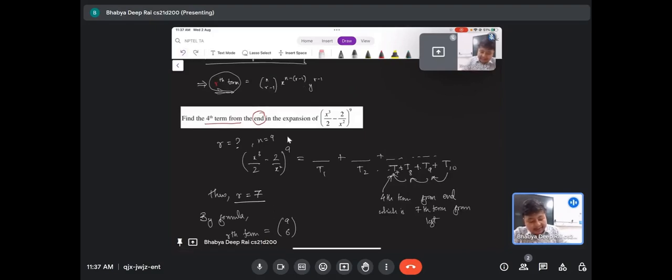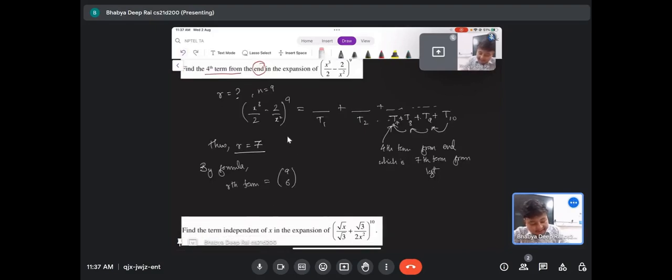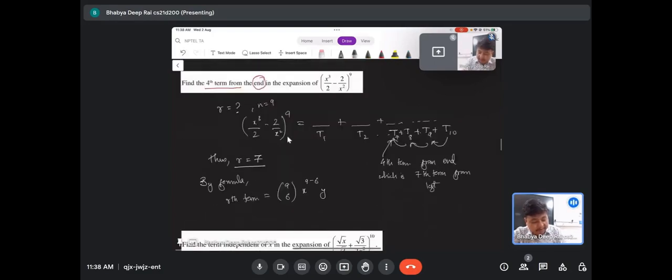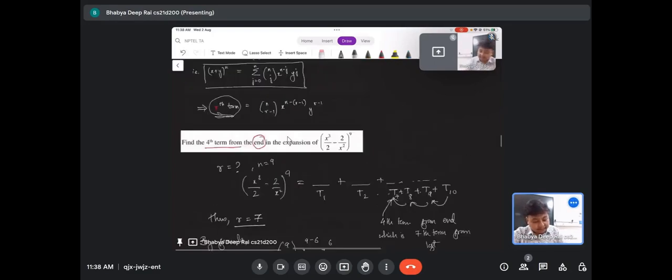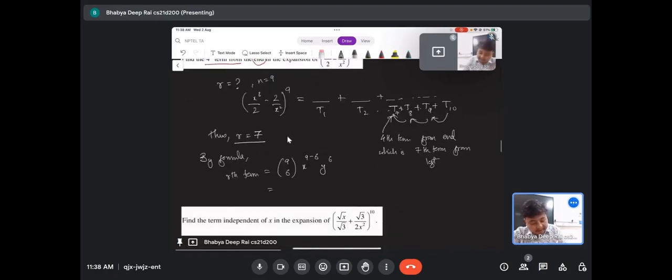N is 9, r minus 1 is 6, so x to the 9 minus 6, which is 3, y to the r minus 1, which is 6. Which is nothing but n choose 6, x to the 3, y to the 6.